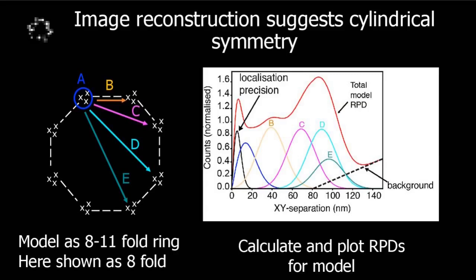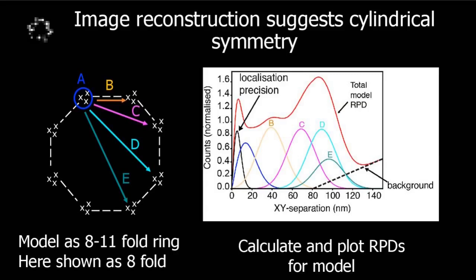So I put 3 crosses here, so that's this distribution here. Then there are these distances around the ring. So you can see the various peaks here, with E being smaller because there's only one repeat of those. And then if you sum all of those up, you can see that you get this total model RPD.